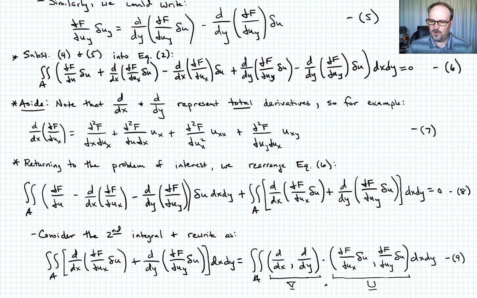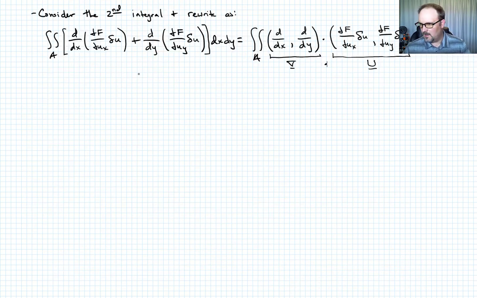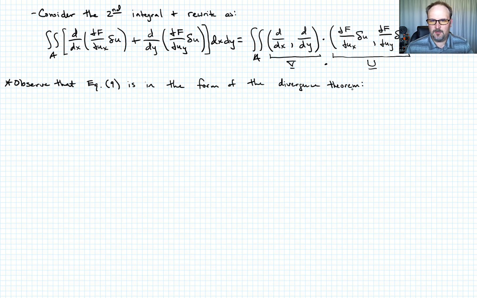And now we can start saying, well, maybe I can use something like the divergence theorem to handle this. And that's exactly what we're going to do. So I want to observe that equation 9 is in the form of the divergence theorem. Let me see if I can remind you here.